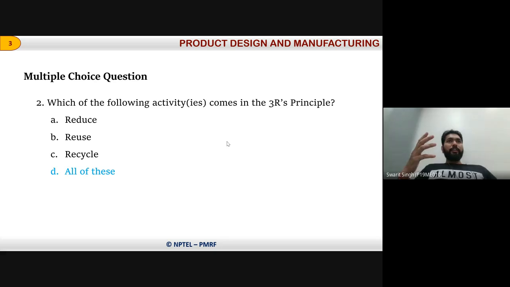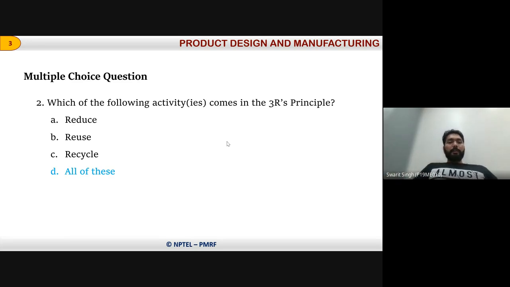A very good example for that reduction in consumption is plastic. As a good human being, we always try to minimize the utilization of plastics, because that is damaging the environment, as we all know.